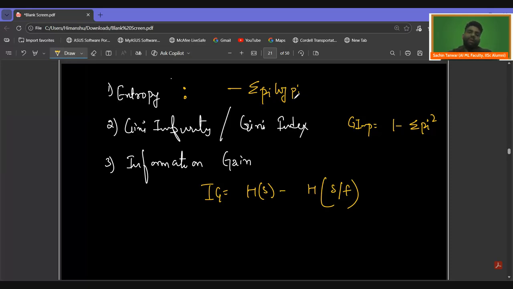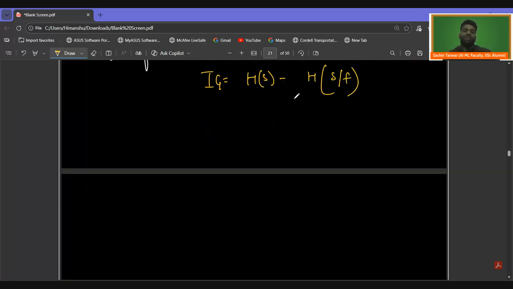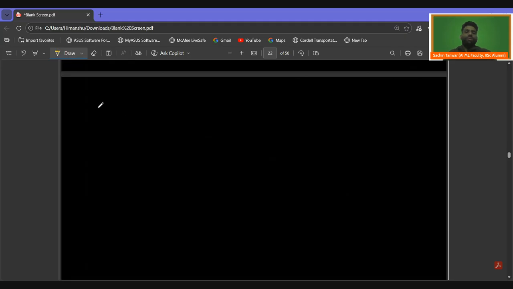So it would be 0.5 log 1 by 2, minus 1 by 2 log 1 by 2. This is for head, this is for tail, because the formula says minus sigma p log p.